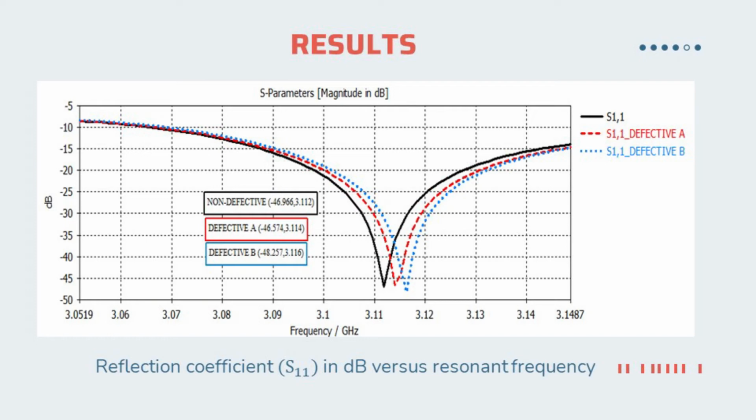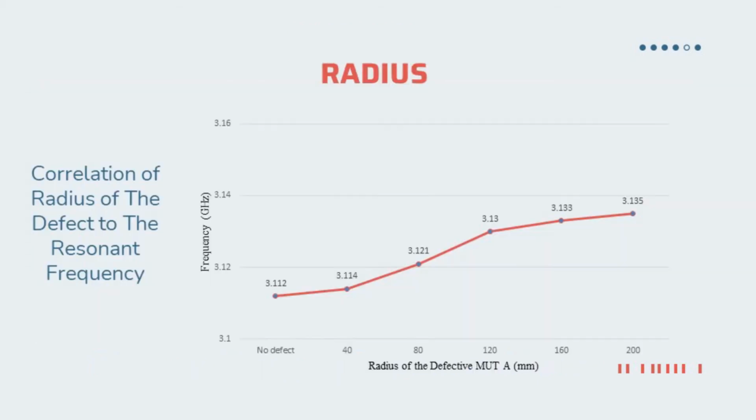After the MUT is introduced with the void, which is defective MUT-A and B, the resonance frequency is shifted to the right. This clearly shows that when there is a void in the form of a cylinder in the MUT, there will be a change to the resonance frequency.